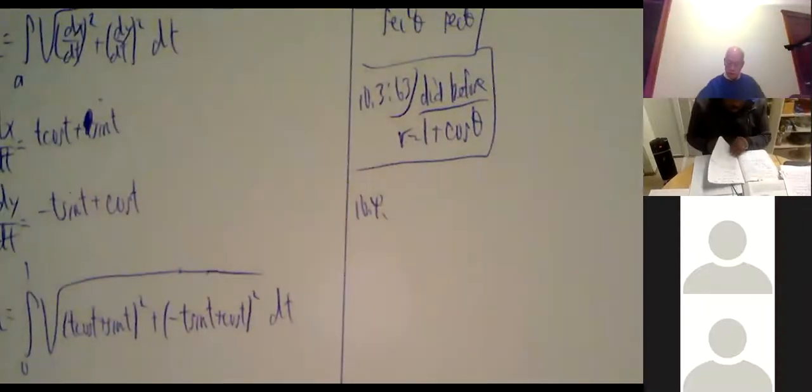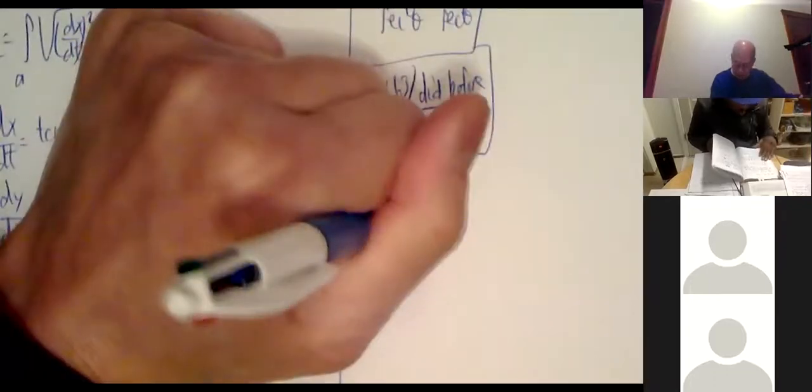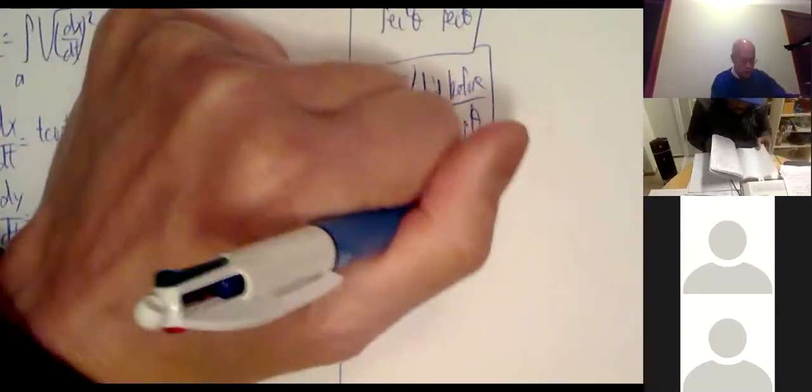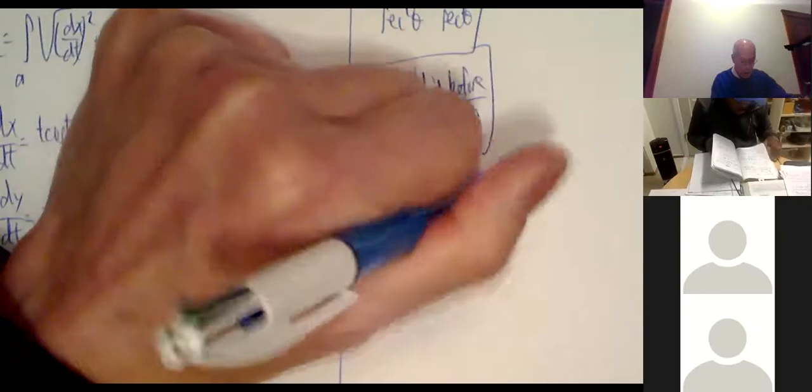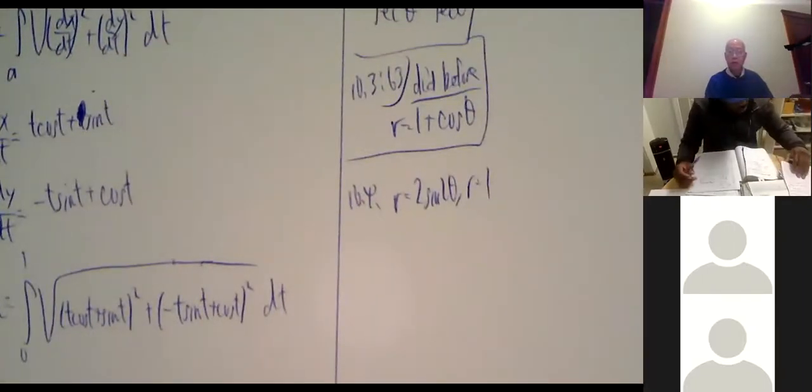10.4, problems 39 and 29. r equals 2 sine 2 theta, and r equals 1. Find points of intersection.